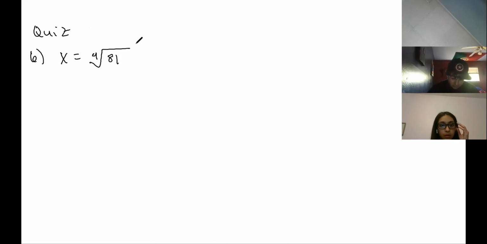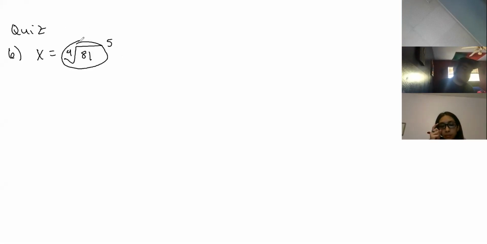Okay, can you guys all see the whiteboard? Yes. Okay. Andrea, can you tell me how far you got, or what was the last part I did for number 6? X equals, and then it's 4 and then the root sign, 81 under the root to the 5th power.